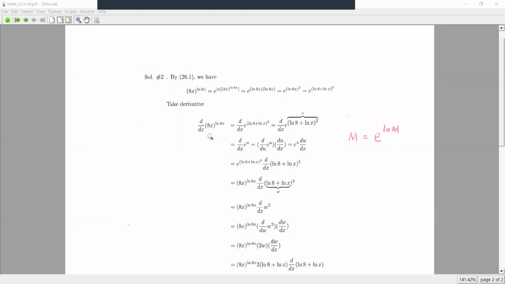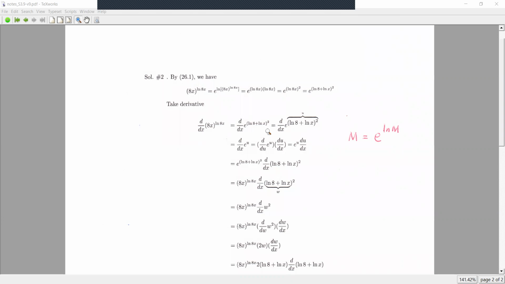Now, take derivative on the tower function. Because of this equation, derivative is equal to the derivative of this exponential function. To compute this derivative, I want to simplify the function. I use u for the power.